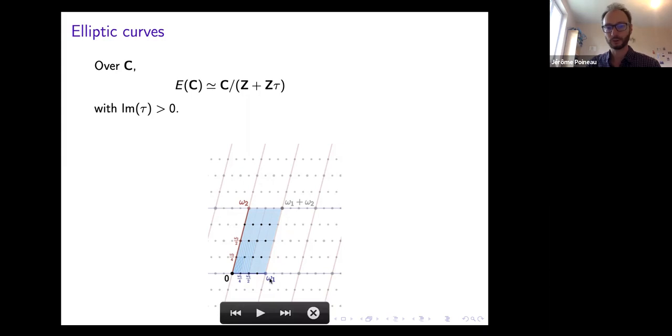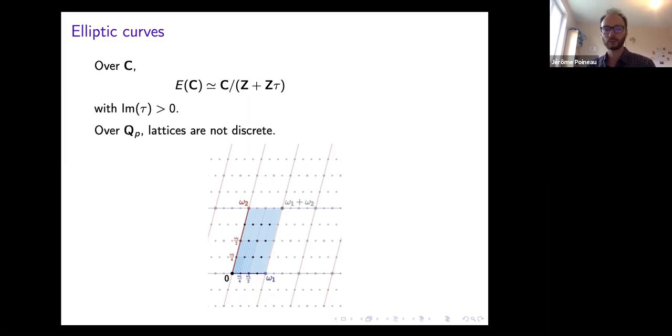So you have the usual picture here. And of course, this does not work over the p-adics, because lattices are not discrete. If you take a lattice such as Z_p, it's clear that you have 0 as an accumulation point, and the theory fails quite badly.